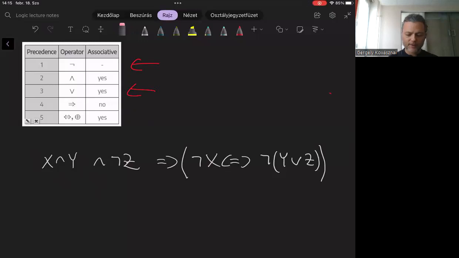This means that if we removed those two parentheses, then we would negate y first, and then only after that we would evaluate the disjunction. However, this is not what the original formula said. We definitely have to evaluate the disjunction first, and then we should negate the disjunction itself. So we have to keep those parentheses as well.